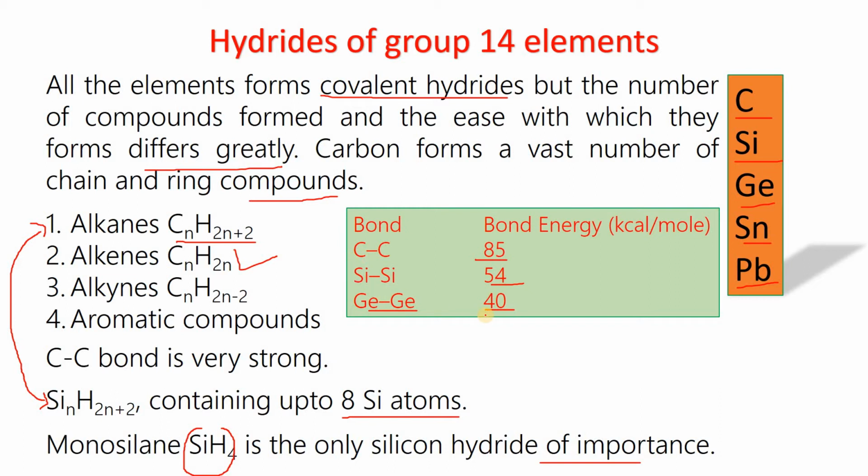So the strength of the element-element bond decreases down the group from carbon to germanium. The carbon-carbon bond is the strongest and the germanium bond is the weakest. This is the reason why we do not observe a long chain of germanium, germanium, germanium like carbon, carbon, carbon.